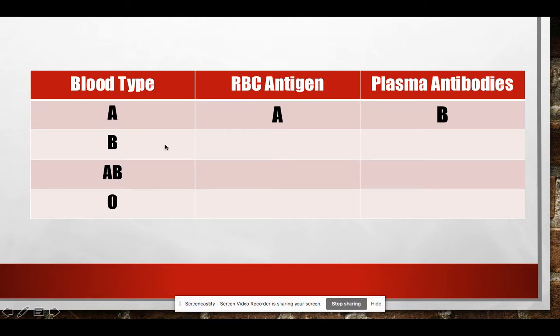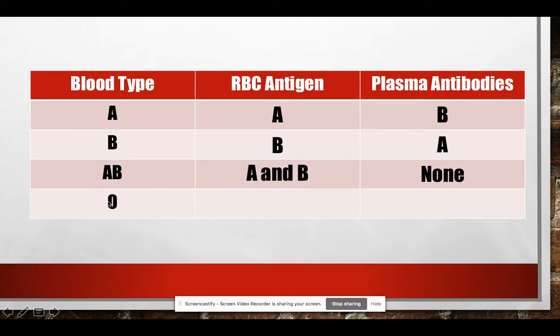And just like this, if I have B blood, that means I have B antigens, and I'm going to have A antibodies. If I have AB blood, that means that I have both of these antigens on the surface of my red blood cell. And if they are both present on the red blood cell, that means that I have nothing present as an antibody in my plasma.